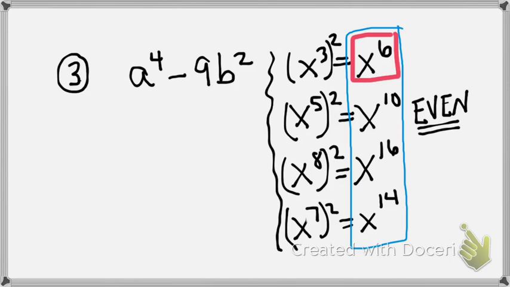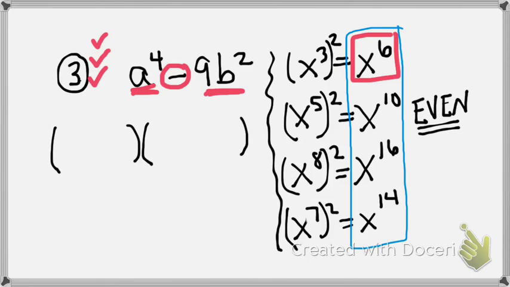So now going back to example 3, we've got our two terms, check. Hey, that's an even exponent, that's an even exponent, and 9 is a perfect square, so both are perfect squares. And then, yep, we're subtracting the two, check. So now I can write my parentheses, and I have to take the square root of each of those.